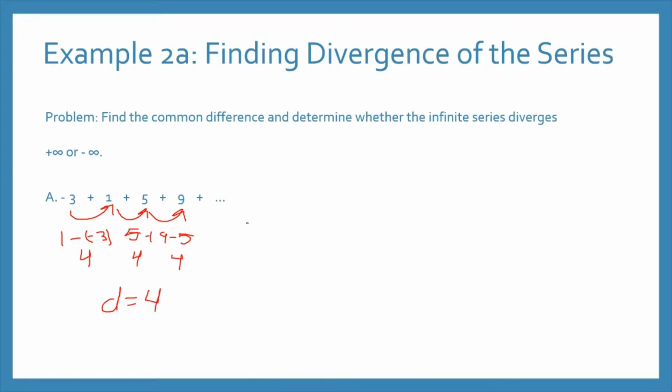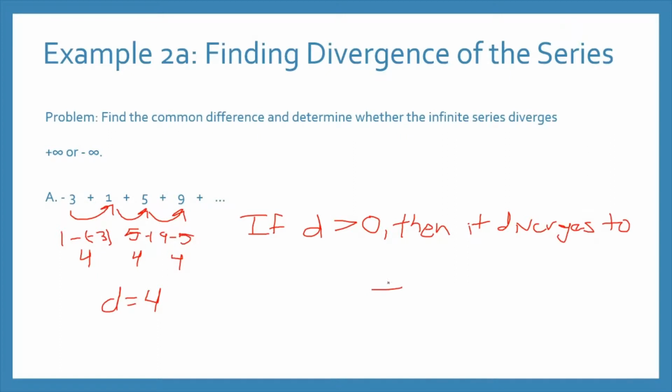So then all we have to do right here is write out if d is greater than 0, then it diverges to positive infinity.